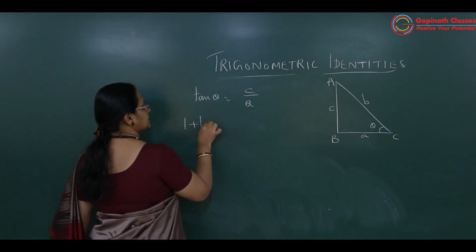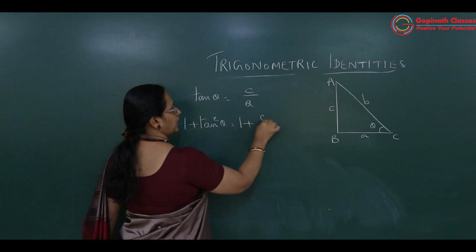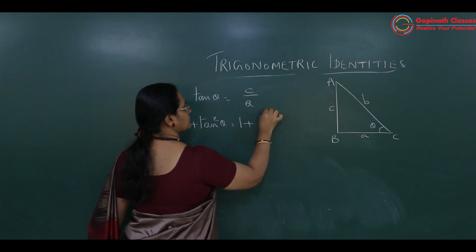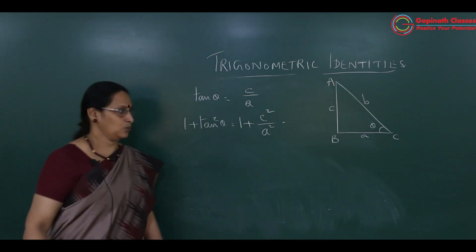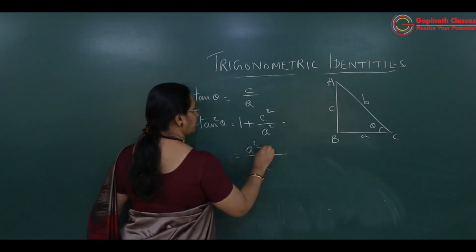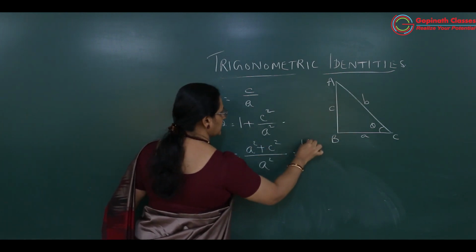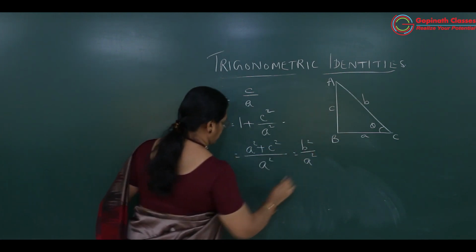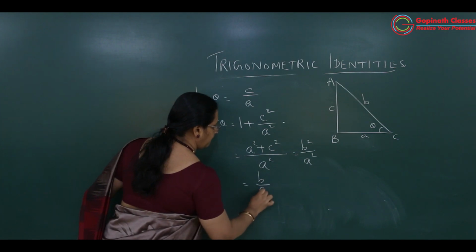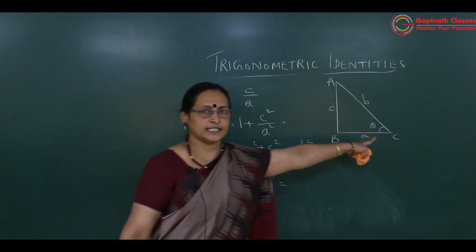That is 1 plus tan square theta. What will we get? Let's see, 1 plus, if we square it, C square by A square. Now, I'll take LCM A square. I'll get A square plus C square. You know A square plus C square is B square. So I am getting B square by A square, which is the same as B upon A the whole square. What is B upon A of theta?